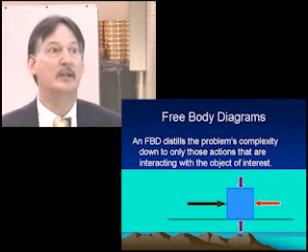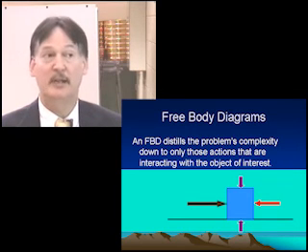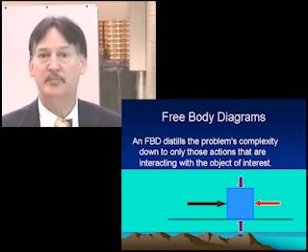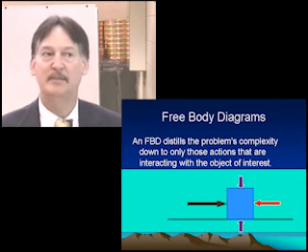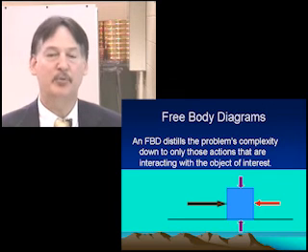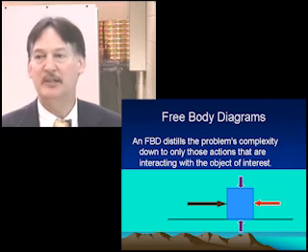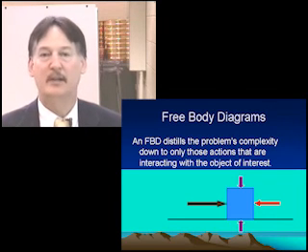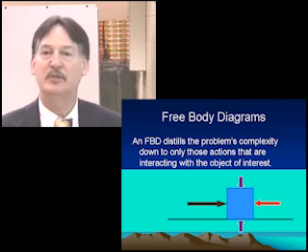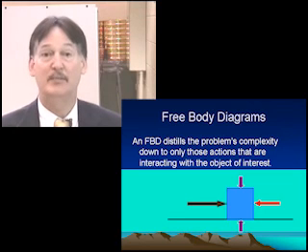So notice in this particular diagram we have a couple of little purple vectors, one pointing down, one pointing up, passing right through the center point of the object. I have a black vector pushing to the right and a red vector pushing to the left. And all those do is represent to us the forces acting on this object.